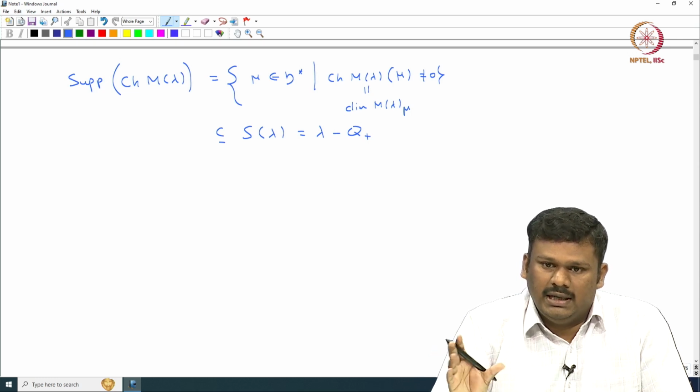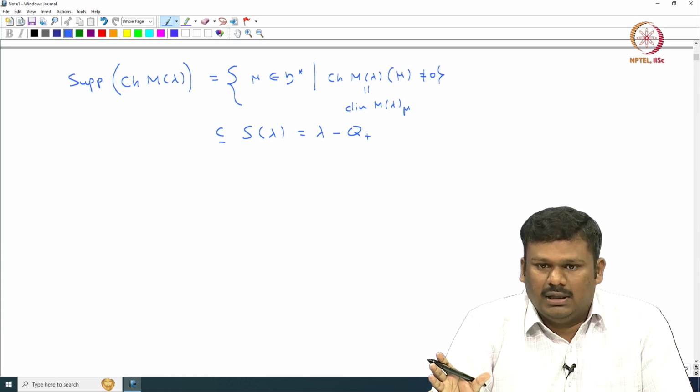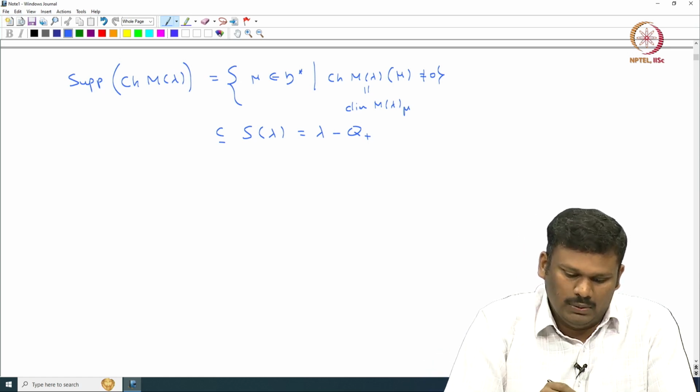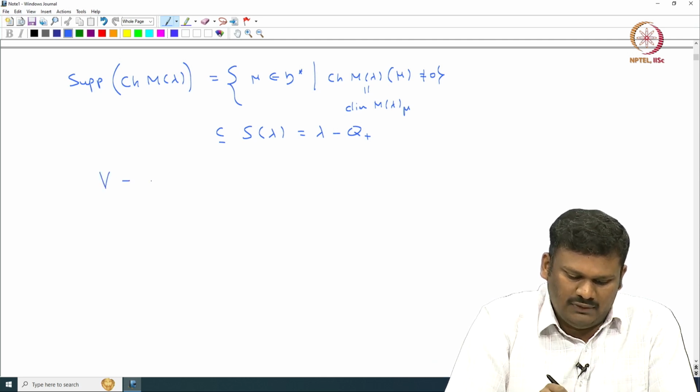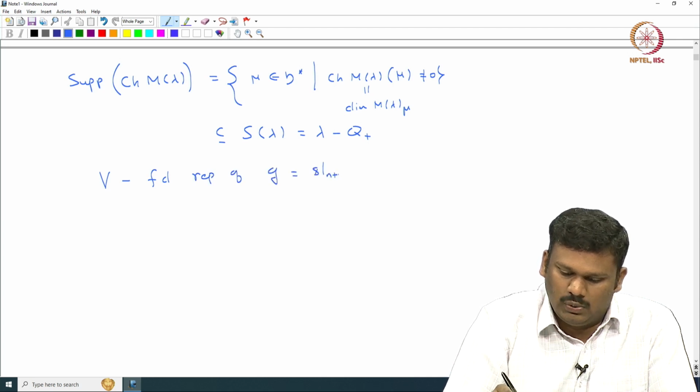So, in particular, any finite dimensional representation can be written as a direct sum of irreducible representations. That tells us that if you have a character for a finite dimensional representation, then we have the following property. So, let us start with V, a finite dimensional representation of G, G being SL N plus 1.